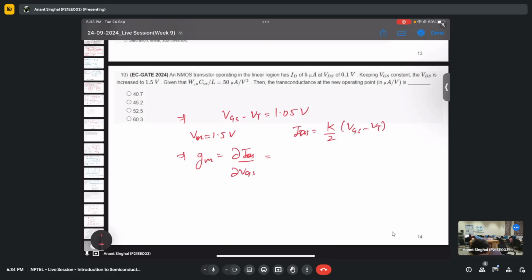The differentiation of this will be K by 2 into 2 times VGS minus VT. So basically GM will be mu n C ox W by L times VGS minus VT. Is there any doubt in this?